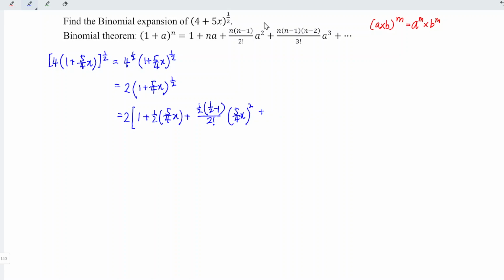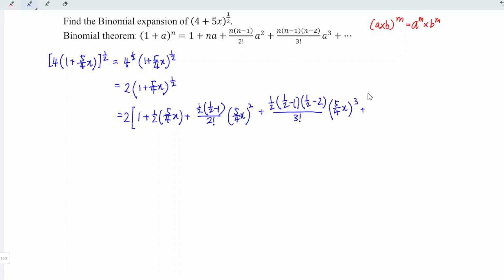So next term, we have 1 over 2 minus 0 times 1 over 2 minus 1 followed by 1 over 2 minus 2. Since we have 1, 2, and 3 terms, so 3 factorial, followed by the second term, 5 over 4x to the power of 3.